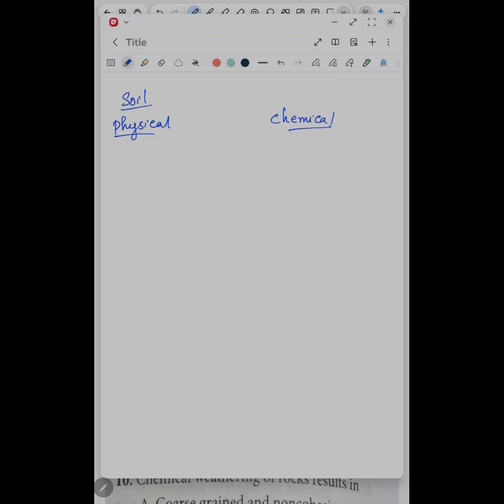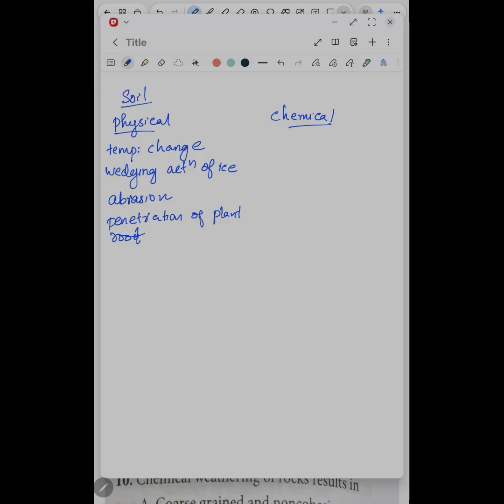So physical weathering: erosion of rocks by wind, water, glaciers or alternate freezing and defreezing. These are some reasons for physical weathering. Maybe temperature change, wedging action of ice, abrasion or penetration of plant roots.